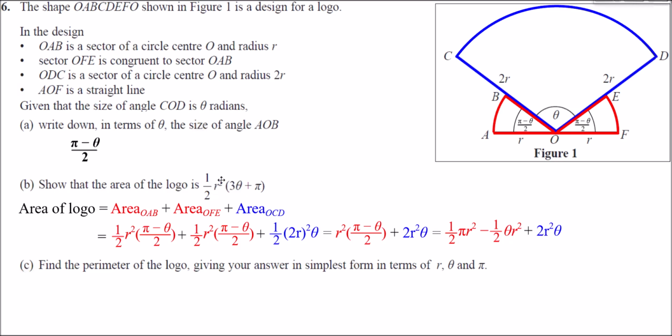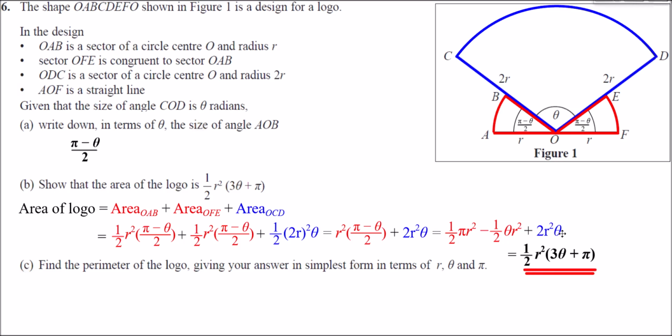Hence the 3 halves r squared theta part there. And then of course we'll just have half pi r squared. So when you factorise out the half r squared, you get the pi there. So we're so close to being done, we can just write the final step in. I've been so clear with doing this, we've earned the right to just say, that then would simplify to being a half r squared brackets 3 theta plus pi, if you were to factorise it.